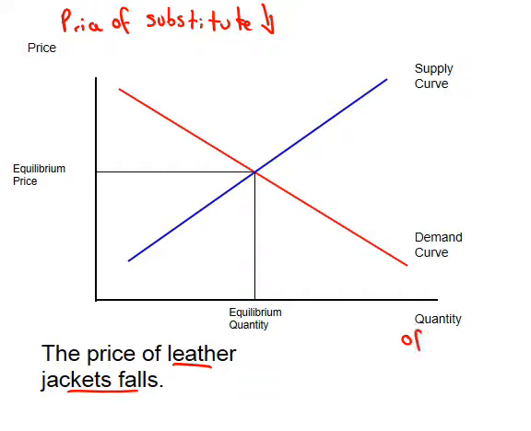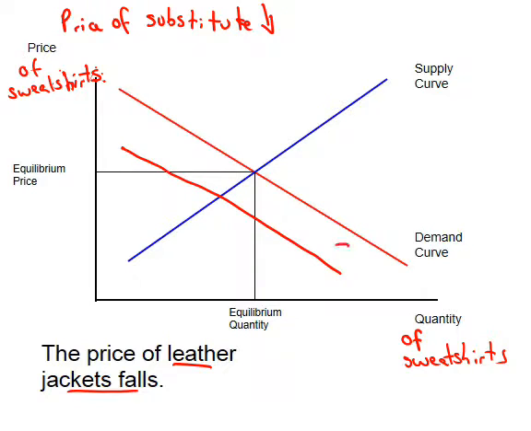Let's make sure that we're tracking sweatshirts here, so there's absolutely no confusion. So quantity of sweatshirts, price of sweatshirts. And if I didn't put this on the axes of the previous slide, you should. The demand for sweatshirts will decrease because people will buy more leather jackets.